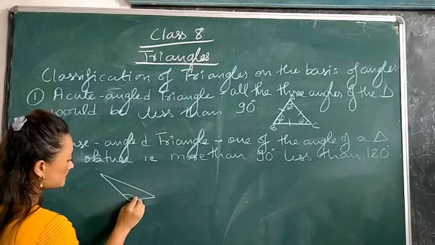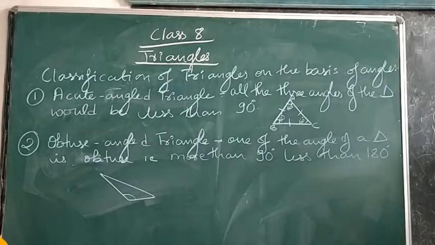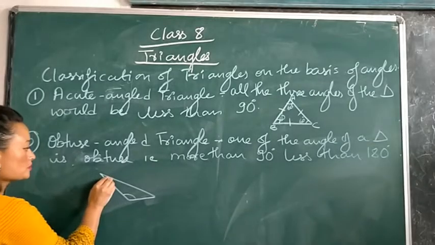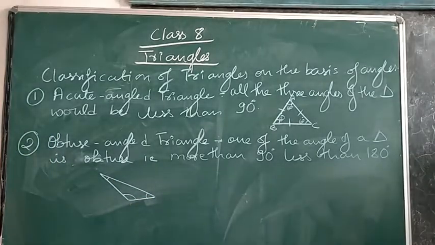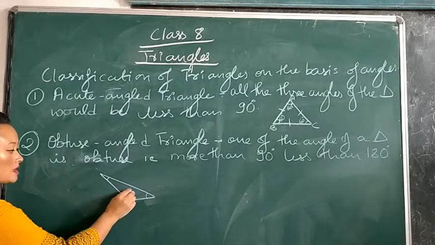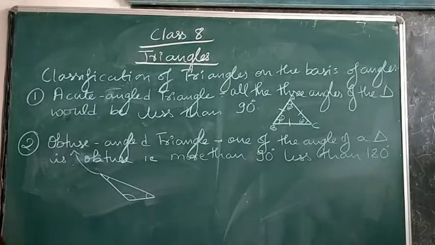This angle is more than 90 degrees for sure, and the remaining angles would be acute only, that means they would be less than 90 degrees. So this type of triangle is called an obtuse angle triangle.